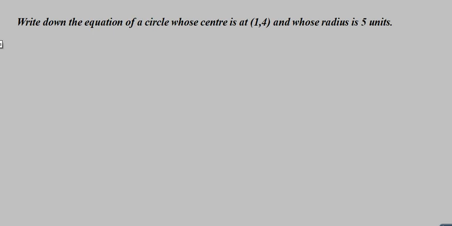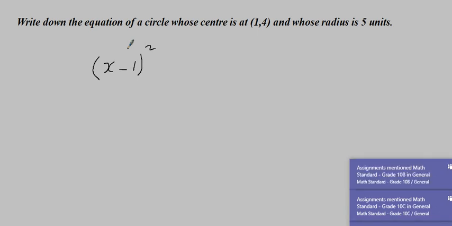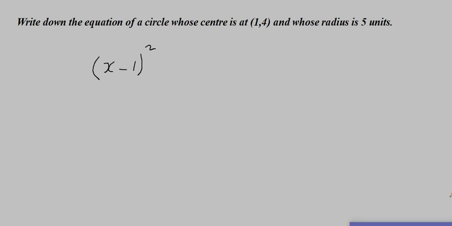So let's write down the equation of a circle whose center is at (1, 4) and whose radius is 5 units. Simply (x minus 1) all squared plus (y minus 4) all squared is equal to 5 squared.